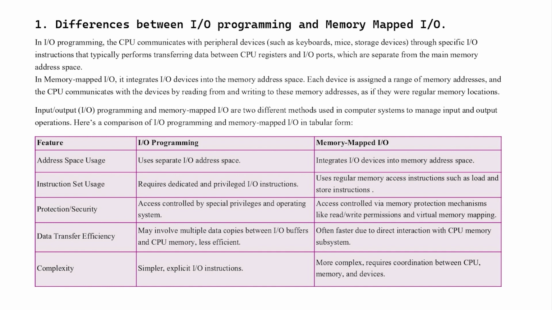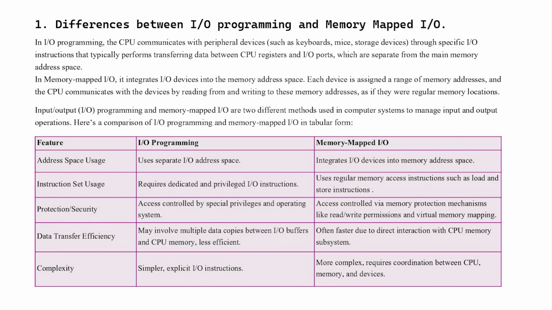In memory mapped I/O, I/O devices are integrated into the memory address space. Each device is assigned a range of memory addresses, and the CPU communicates with the devices by reading from and writing to these memory addresses as if they were regular memory locations.